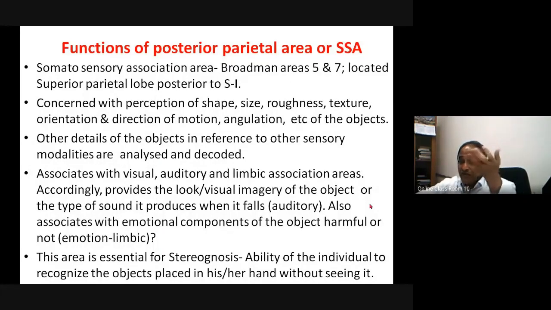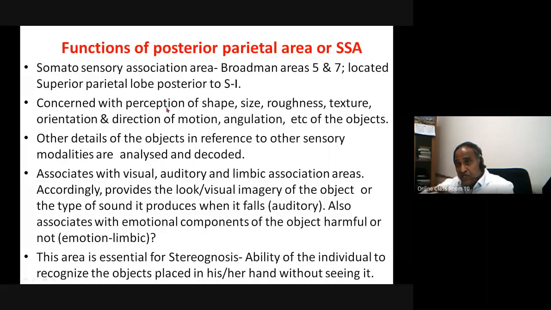Suppose I have given you a knife. The emotional component of the knife is that it is going to harm, it may produce injury. That type of emotional component comes with the limbic system. So all these attributes are deciphered here in the posterior parietal area, what is called the somato-sensory association area.